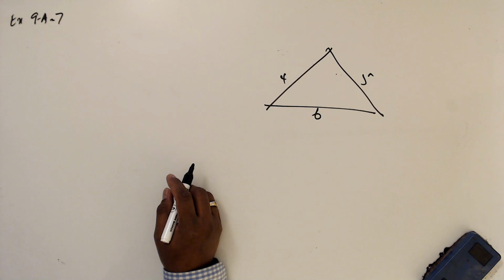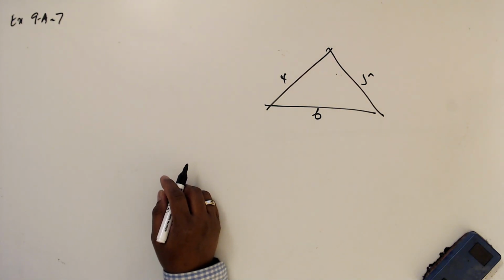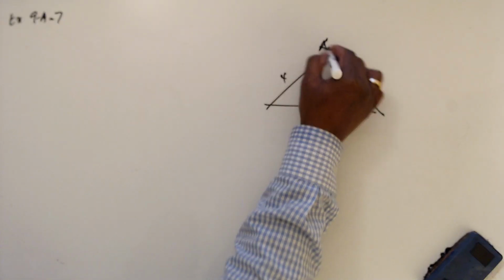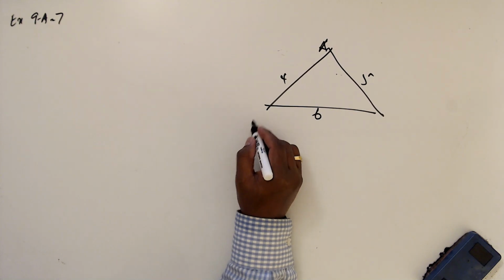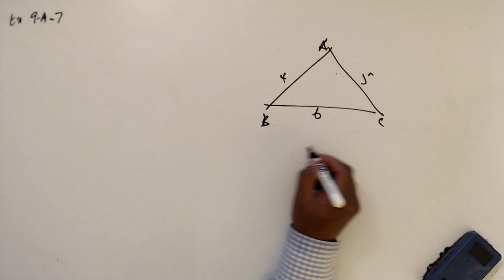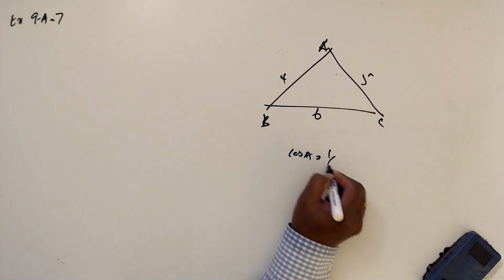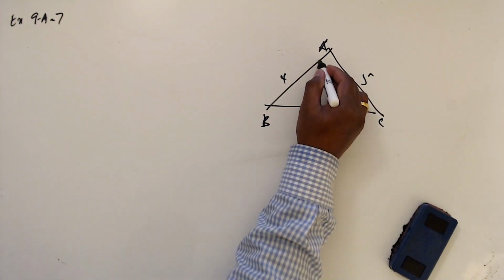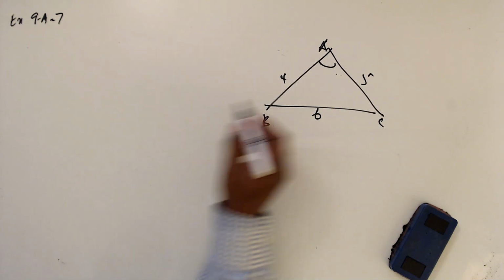Question number 7. We have to show that cos A is 1 over 8. This is the A angle.